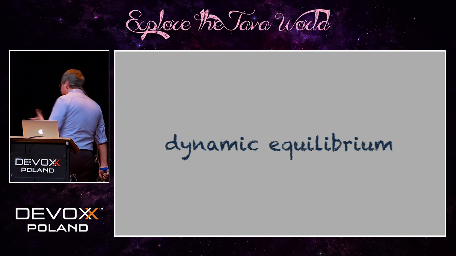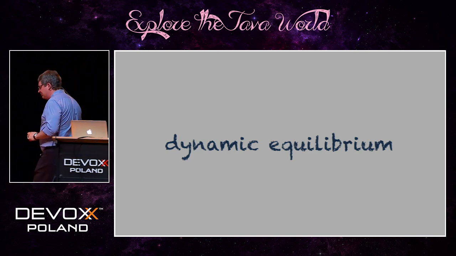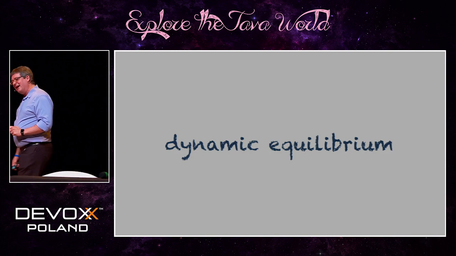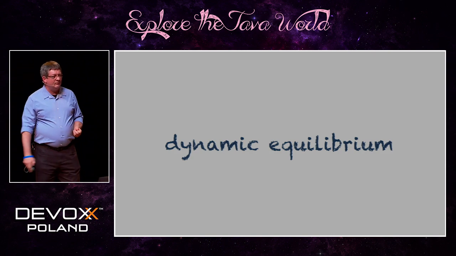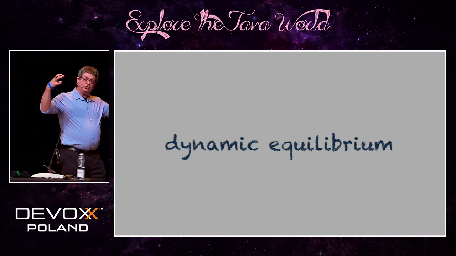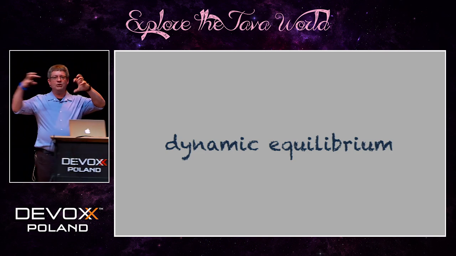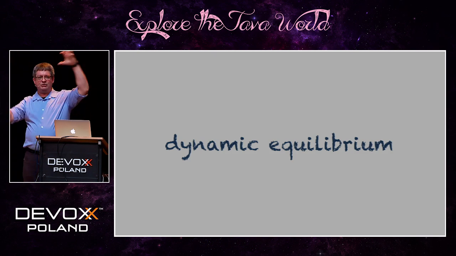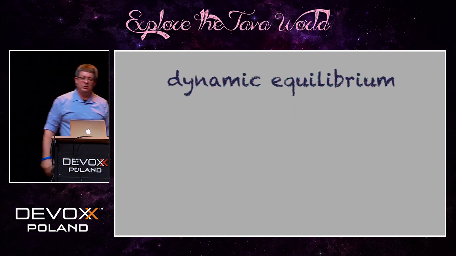One of the key reasons, though, that best practices from today turn into anti-patterns of tomorrow is what we're calling the dynamic equilibrium problem. A lot of chemical systems are in dynamic equilibrium in that they've reached an equilibrium and then something comes into that equilibrium and it has to reach a new equilibrium.